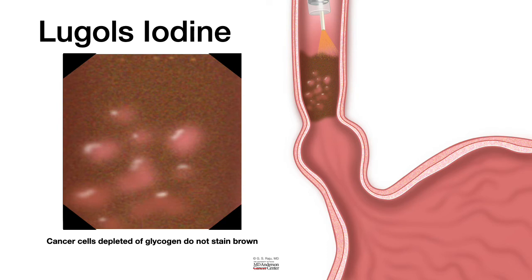You either take a small biopsy from there, or you may consider sending that patient for a resection, which can be done either by EMR, that is endoscopic mucosal resection, or endoscopic submucosal dissection. So, Lugol's iodine is used for screening especially squamous cell cancer of the esophagus.